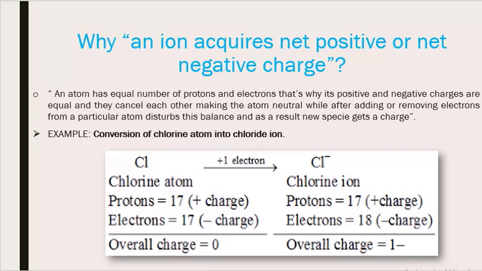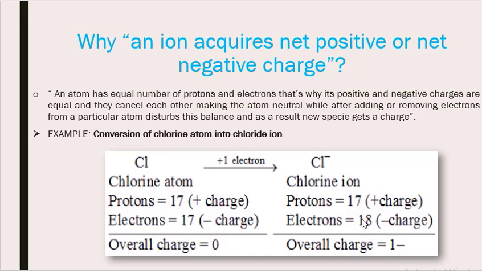Coming to chloride ion, which is formed from chlorine atom, when it gains 1 electron in its valence shell. The protons inside it will remain 17 as they are in chlorine atom. Now coming to electrons, as it has gained 1 electron, now the number of electrons will be 18.